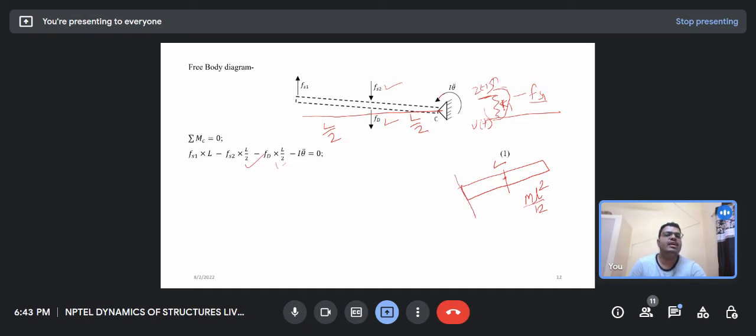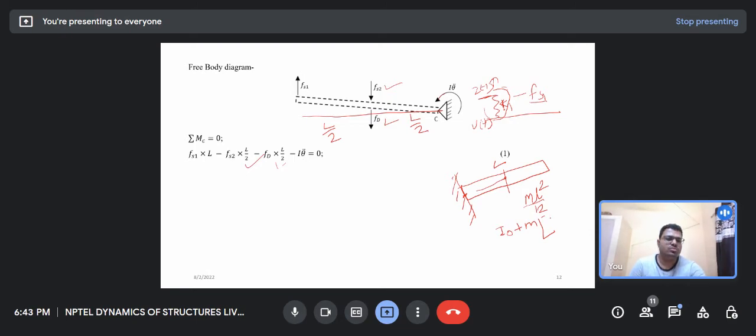So about the end, can anyone tell me what is the moment of inertia about this point? Anyone? ml square? No. ml square by 2? No. If you go through the parallel axis theorem, that will be I naught, the moment of inertia about the center O, plus mass into the distance squared.